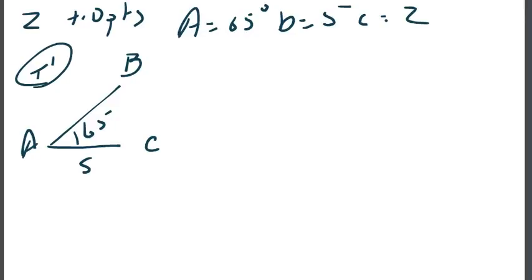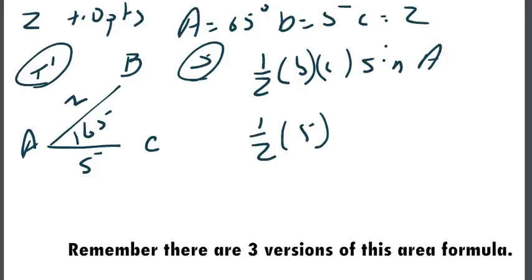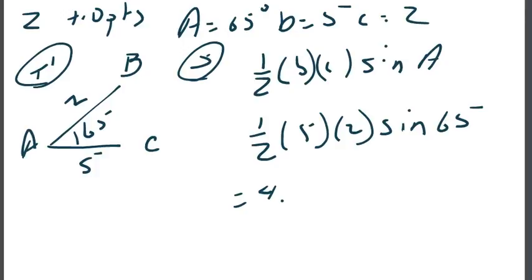Then that means this is 5 and this is 2. So that's 1 point. The next 5 points is to recall that area is 1/2 b c sine A. Now plug in the numbers. 1/2 times 5 times 2 times sine 65 is equal to 4.53, and that's the last 4 points for that problem.